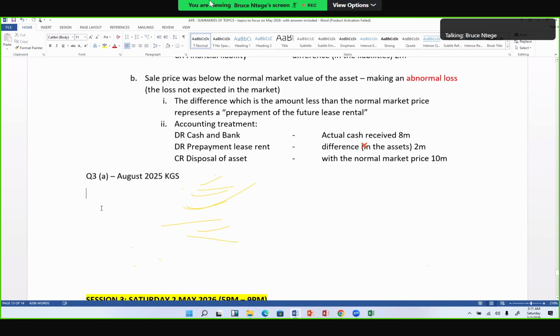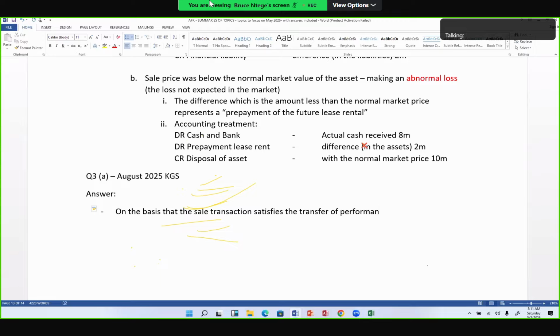So I'll tell the examiner as my answer, solution, that on the basis that the sale transaction satisfies the transfer performance obligations under IFRS 15.